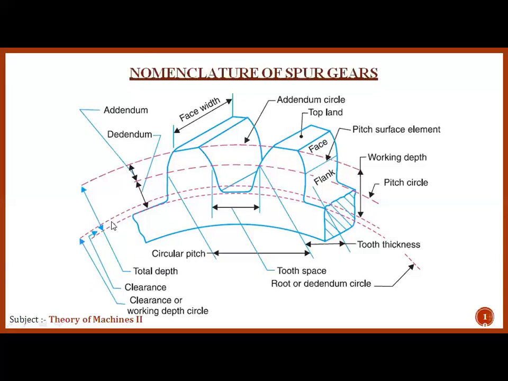Some clearance is left so that the top portion of a tooth does not penetrate into the mating gear. That is why some clearance is left, isn't it? Then this is the top land of a gear. Then this is the bottom land of a gear.